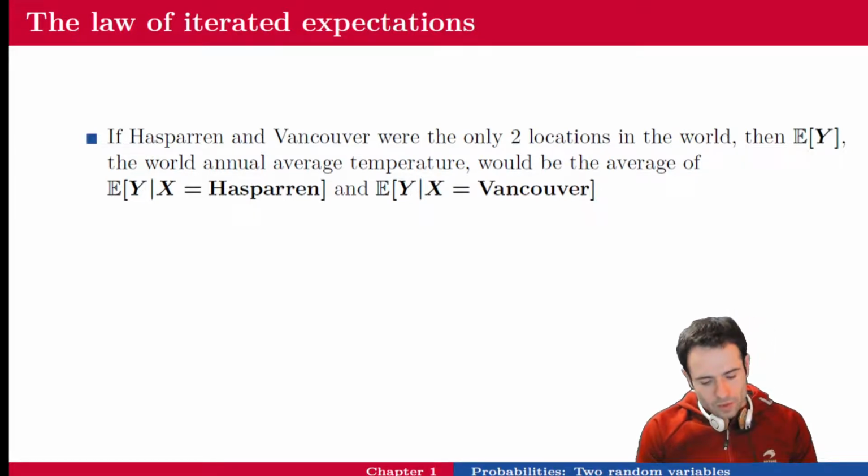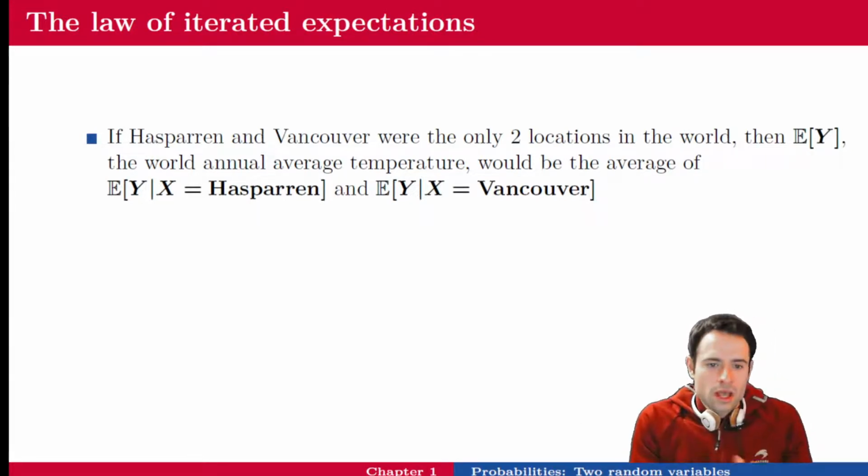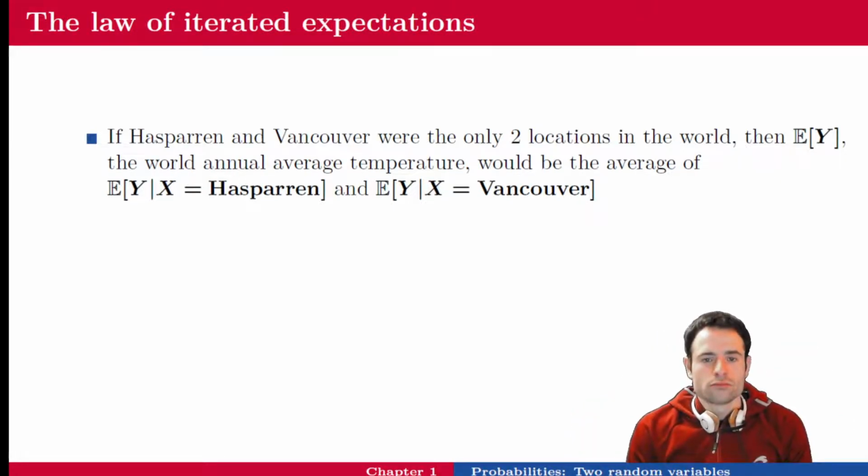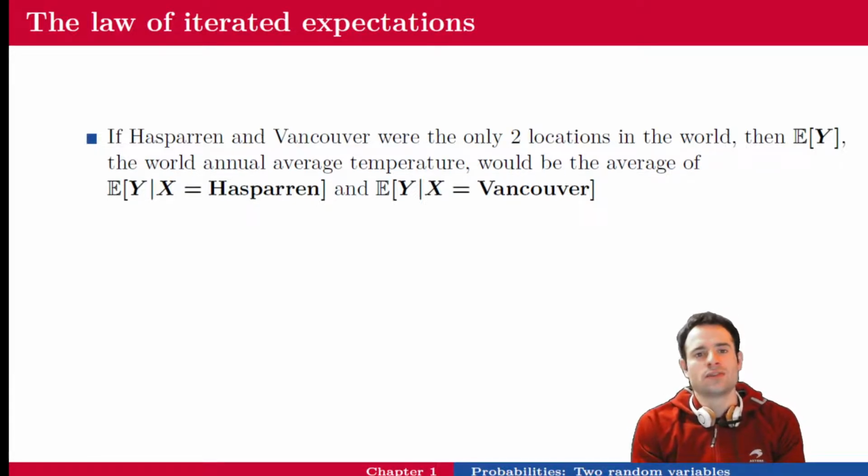Now imagine that my hometown and Vancouver were the only two locations in the world. Then if I want to compute the world average temperature, I just have to take the average of the temperature in Asparin and the temperature in Vancouver. So I take the average of 13.5 and 11 degrees.